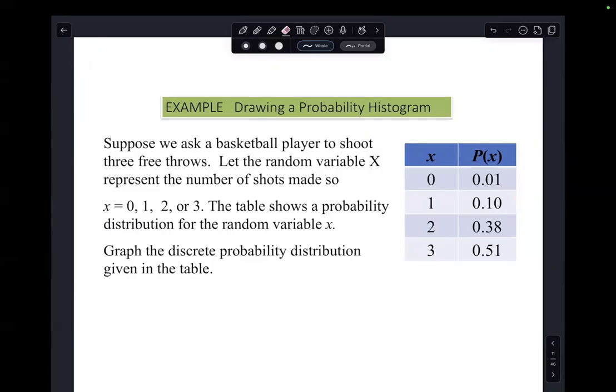If you randomly had him throw 3 free throws, the probability of him making 2 of them is 38%. It's hard to say 3 free throws. It's hard. All right. I'm going to show you the histogram.